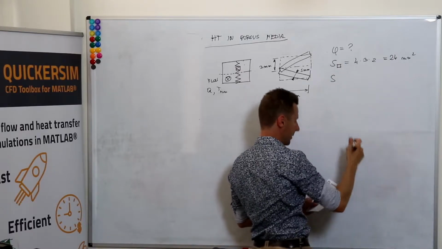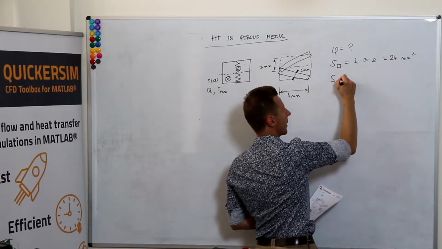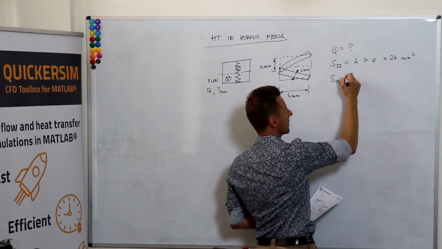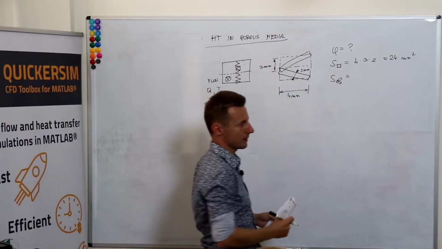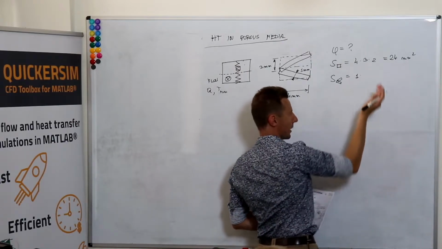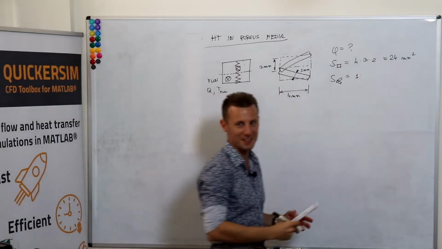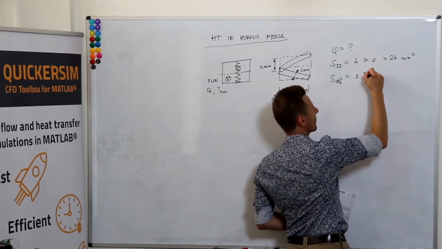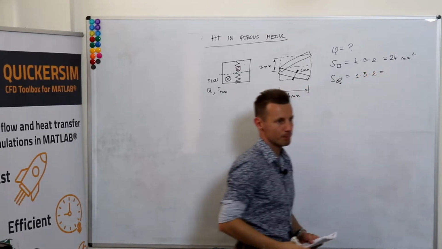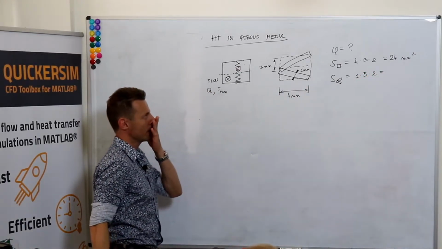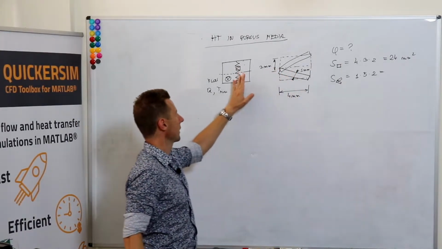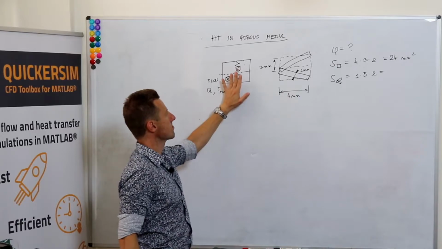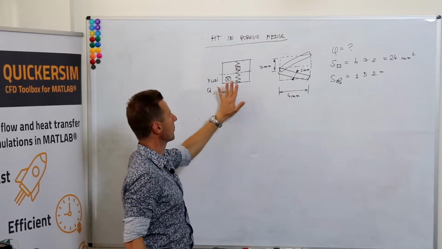Let's calculate the surface area of these fins. It's like 1 millimeter thickness times 5, exactly, times 2 fins. Obviously, I want to show you the procedure how to generate the, okay, or maybe one more comment.